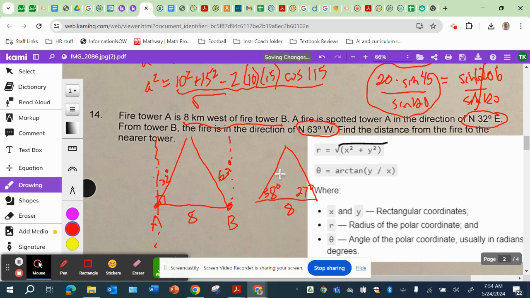And so 58 plus 27 is 85. 180 minus 85 is 95. So now you know all three angles. Since it's not a right triangle, we can't use SOHCAHTOA, but we know the side across from the angle, which means we can use law of sines.